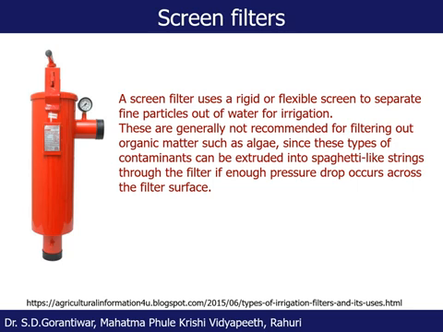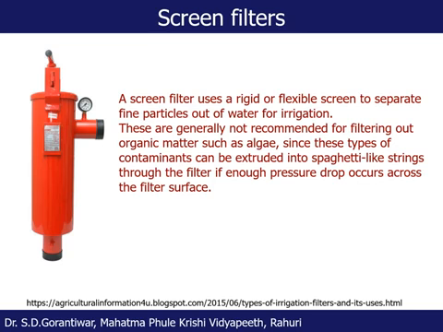Okay, so a screen filter uses a rigid or flexible screen to separate fine particles out of water for irrigation. These are generally not recommended for filtering out organic matter such as algae, since these types of contaminants can be extruded into spaghetti-like strings through the filter if enough pressure drop occurs across the filter surface.